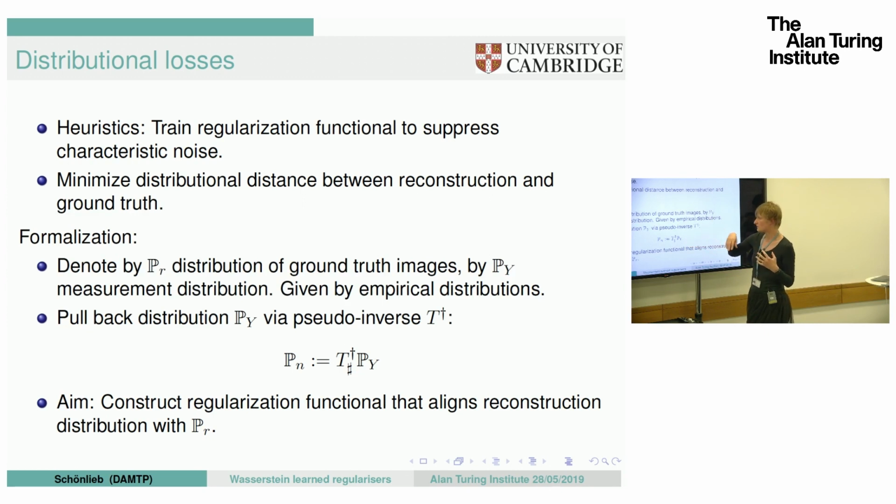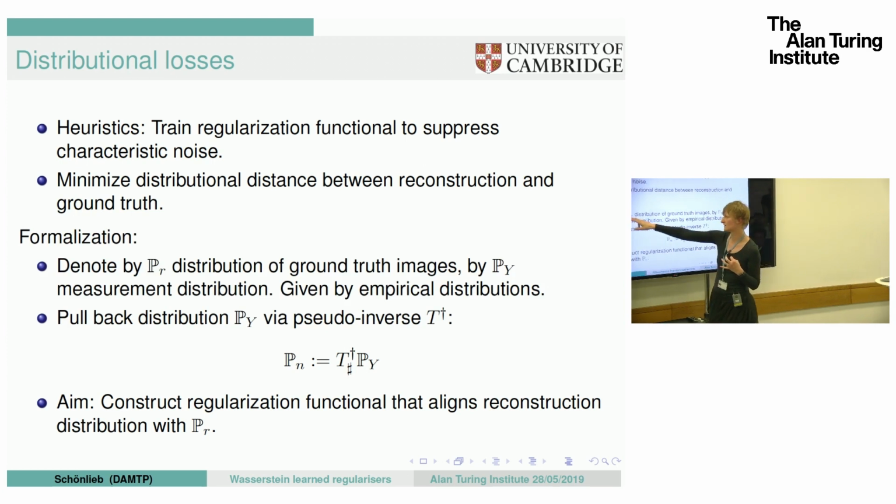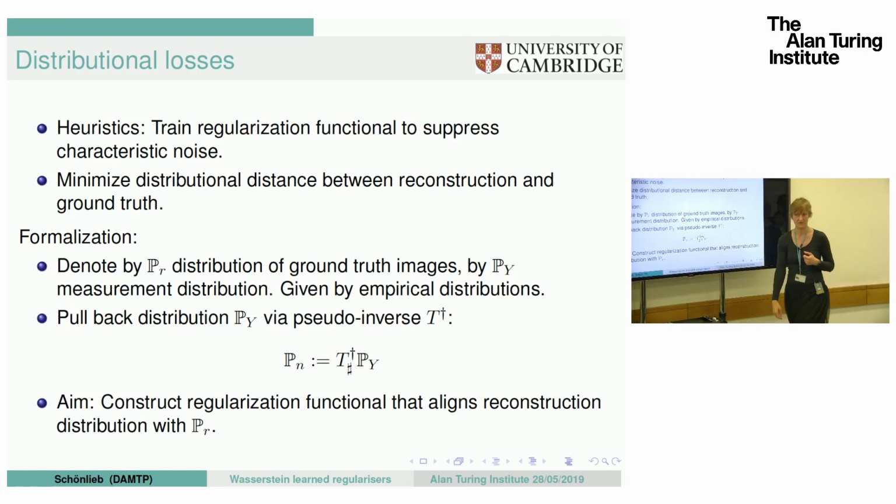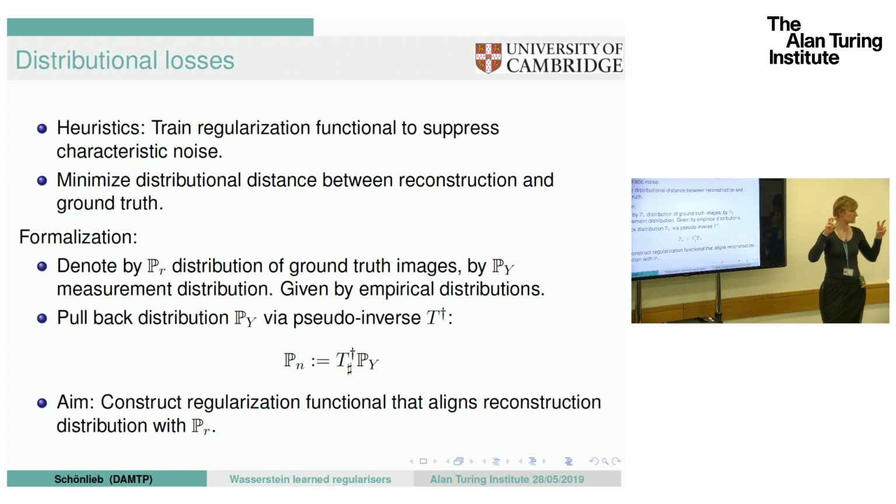So now my argument is that I want my regularizer to like images from PR and not to like images that come from the pseudo-inverse. So I want to construct a regularization that aligns the reconstruction with PR but takes it far away from Pn, which are the images of the very simple reconstruction that gives me a lot of these artifacts that I want to avoid.